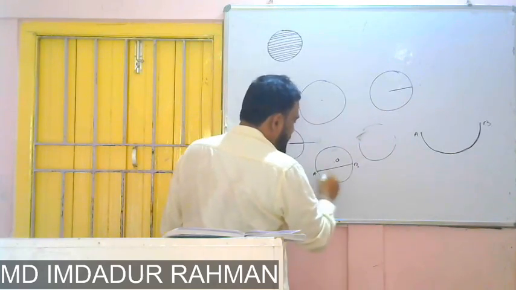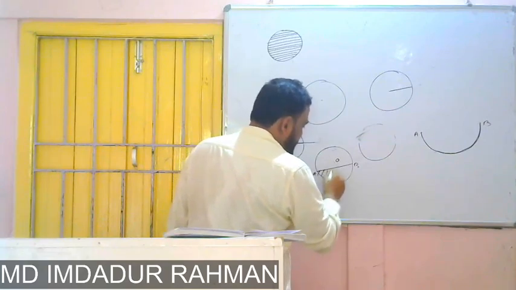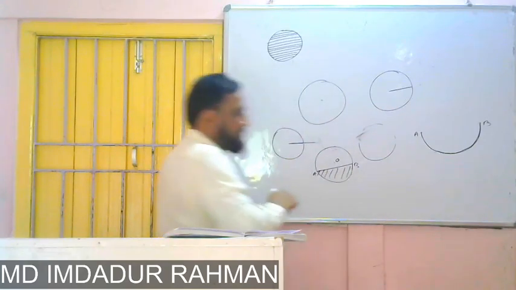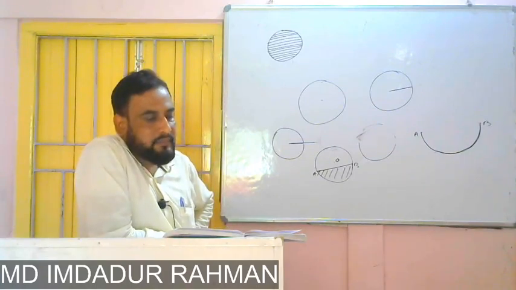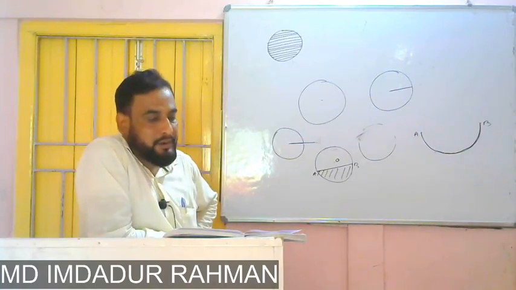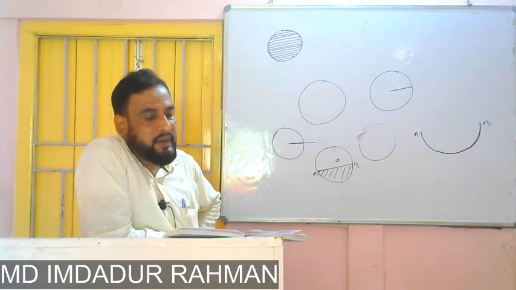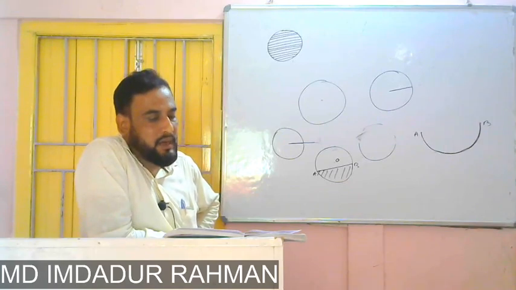This is a chord and this is an arc. This is the segment. Okay, so your answer is chord. Segment of a circle is the region between an arc and chord of a circle.